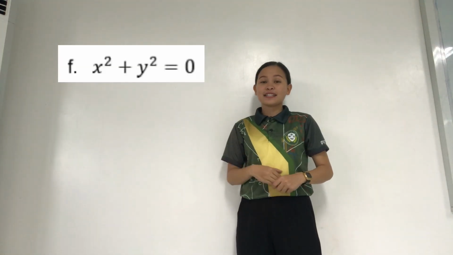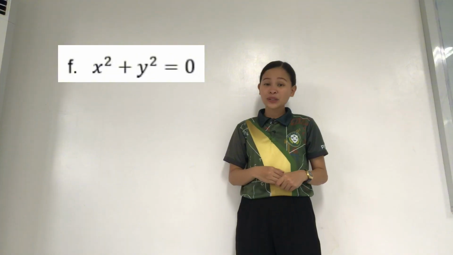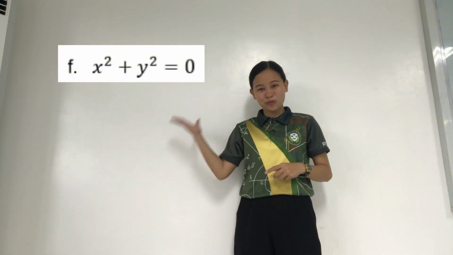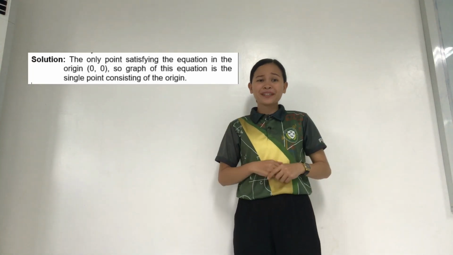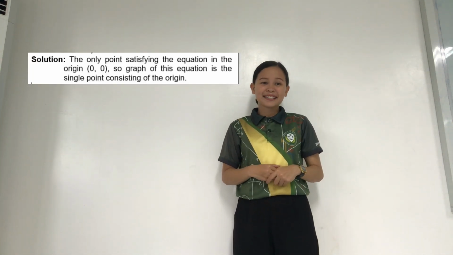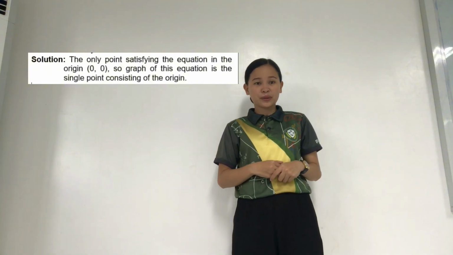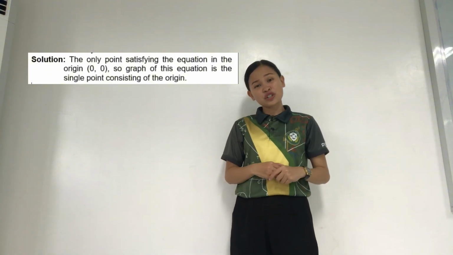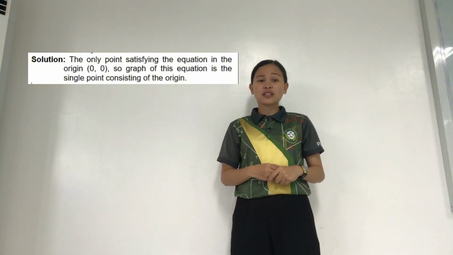The last example is x squared plus y squared is equal to 0. What type of conic section is this one? The only point satisfying the equation is the origin (0, 0). So the graph of this equation is a single point, the origin.